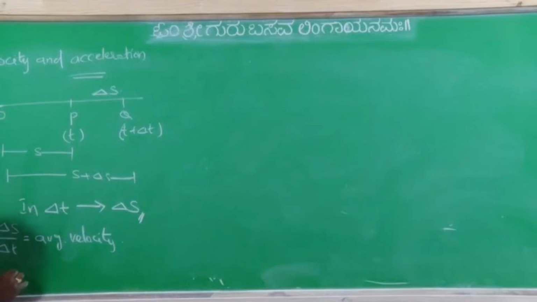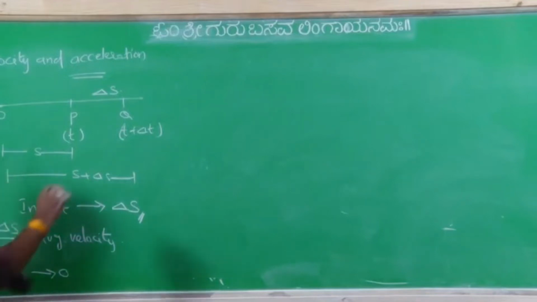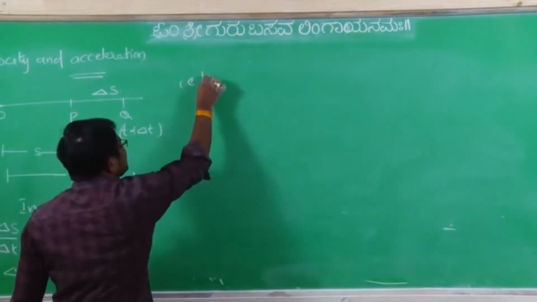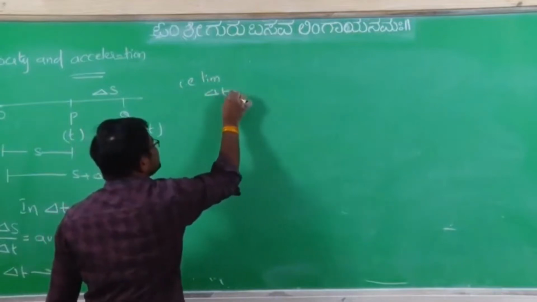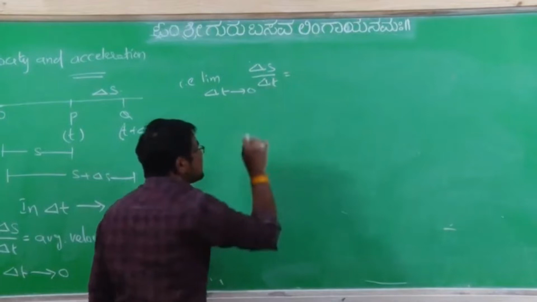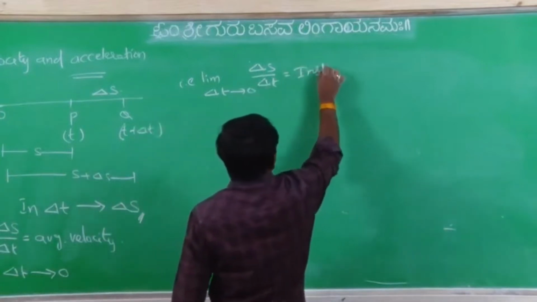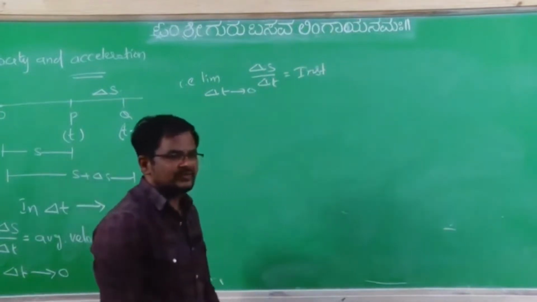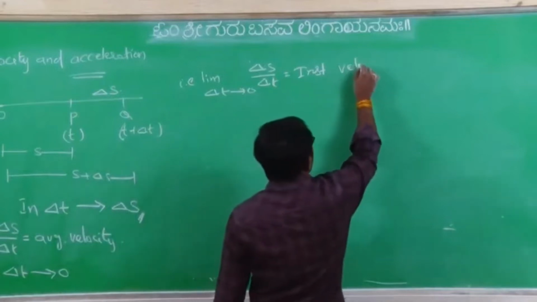Right? Suppose here as delta t tends to 0, that is, the limit as delta t tends to 0 of delta s by delta t becomes the instantaneous velocity of the particle.